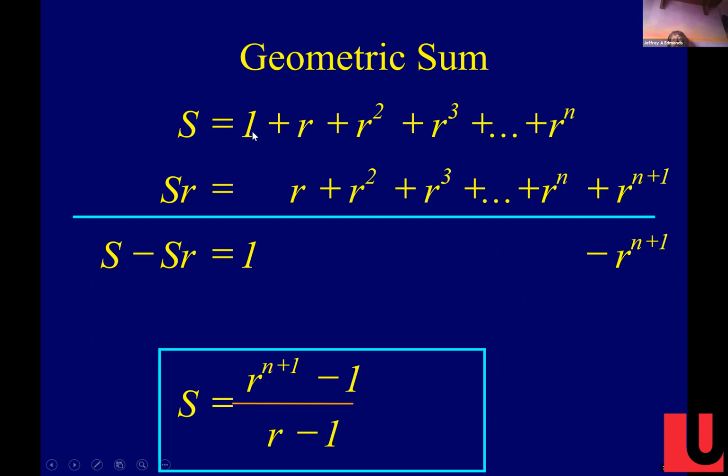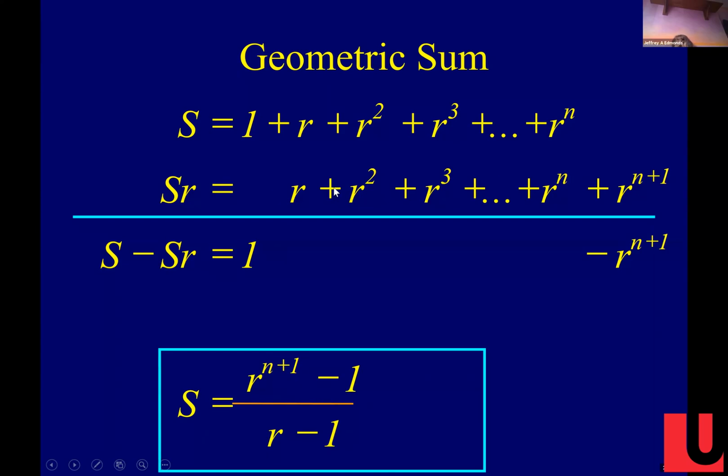So here's a proof of this example. Let's say s equals 1 plus r plus r squared plus r cubed up to r to the n. How do I sum them? Well, a trick is to multiply the whole thing by r. And this 1 term turns into an r, and this r term turns into an r squared, and this r to the n term turns into an r to the n plus 1.